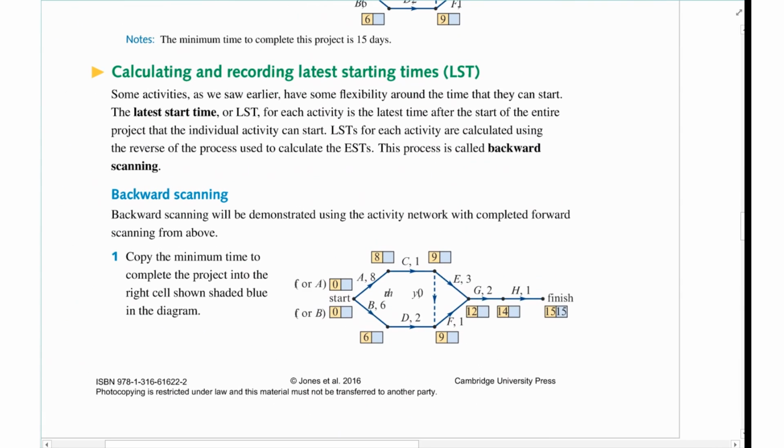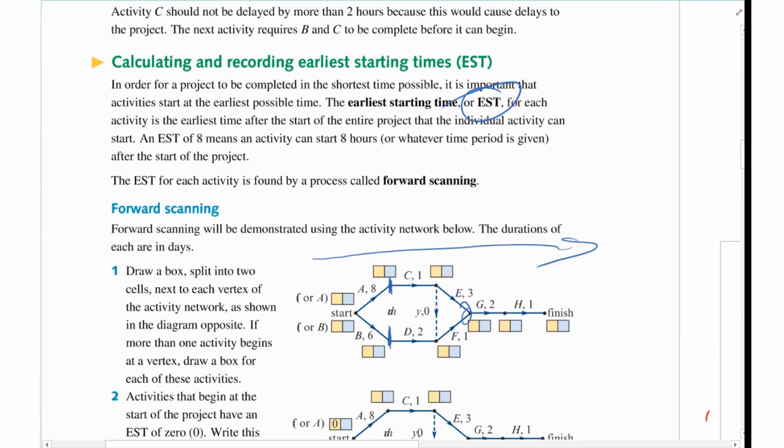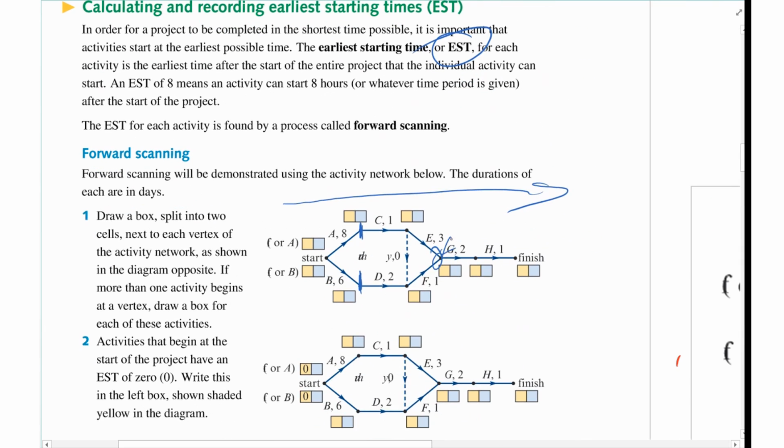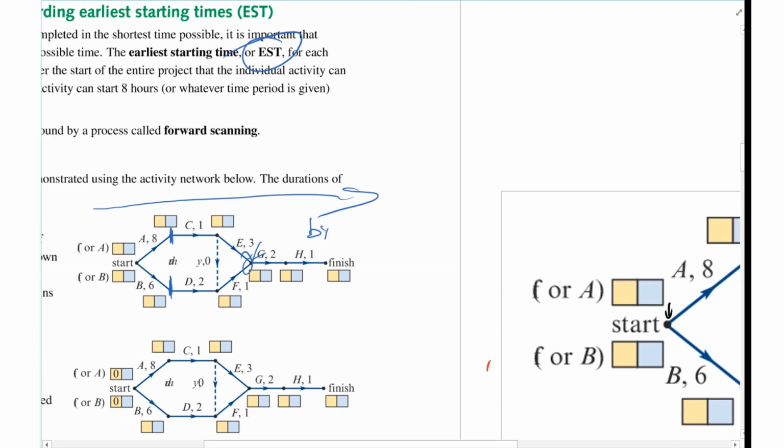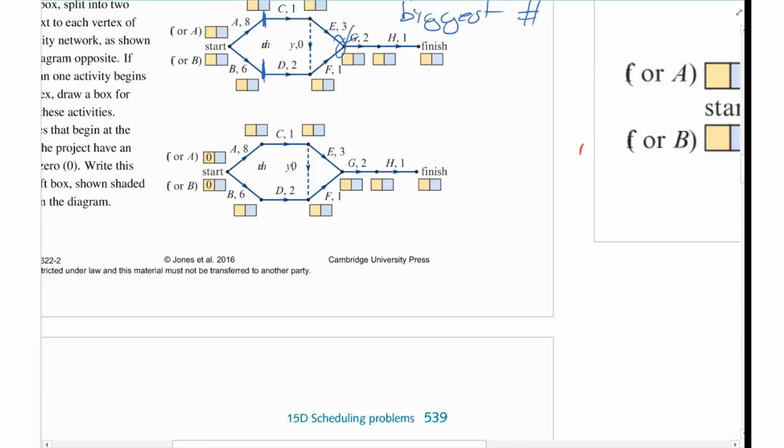Skipping ahead to where we talk about what we call a latest start time. In a latest start time, we call it backward scanning because we're starting at the finish and we're going in that direction. Okay, so it's a reverse process. So what I should have said here, when we get to a point, say here, we're looking for the biggest number.